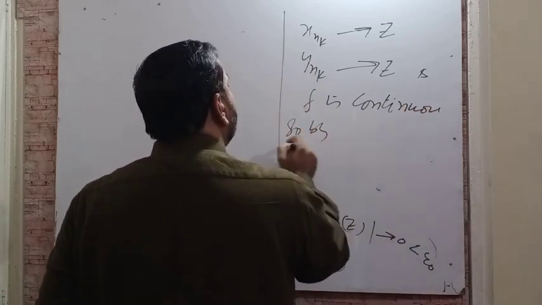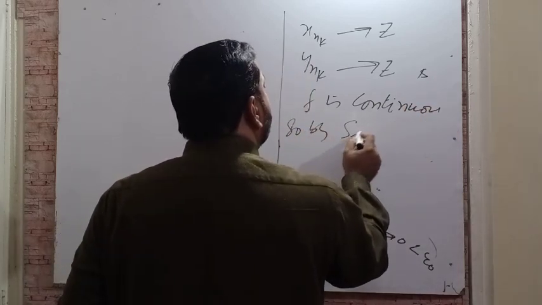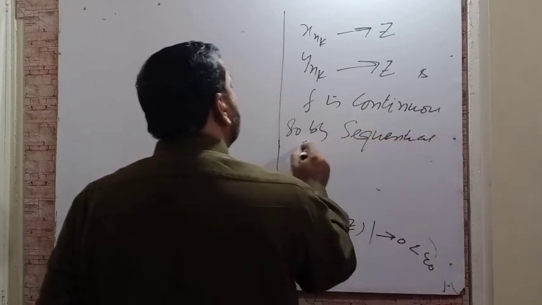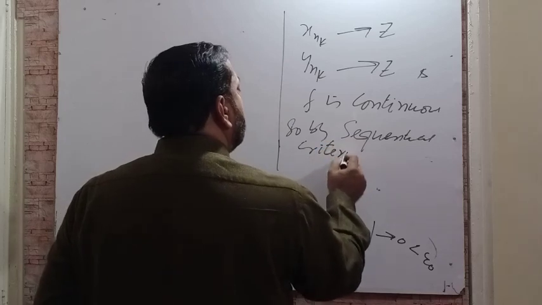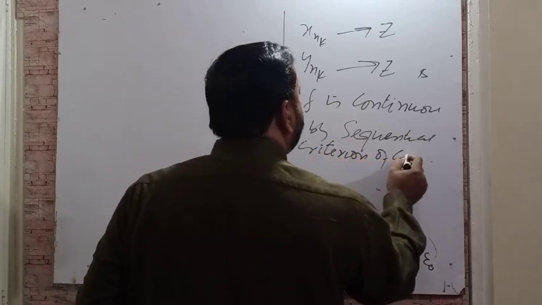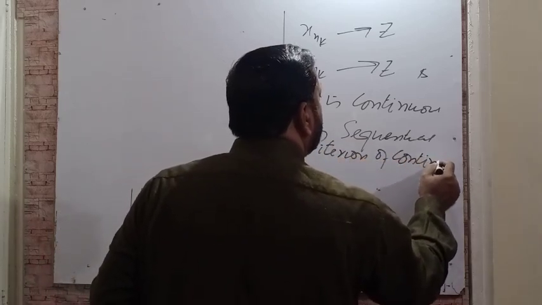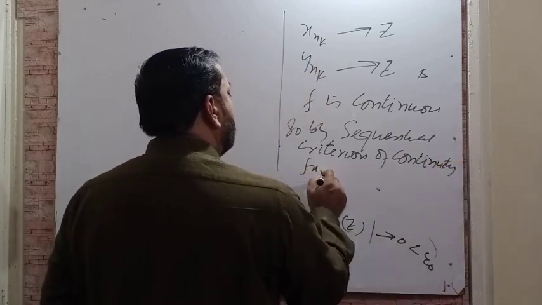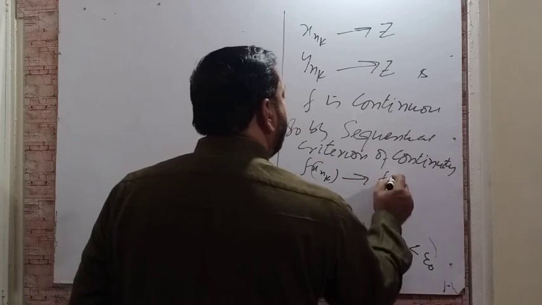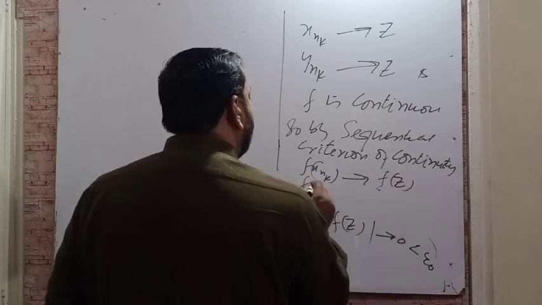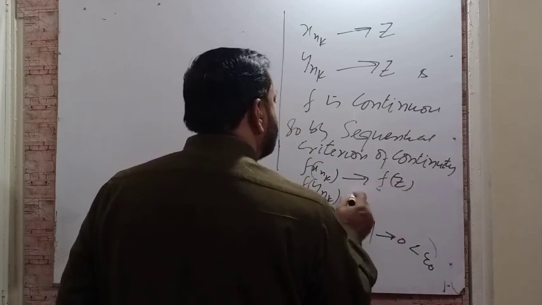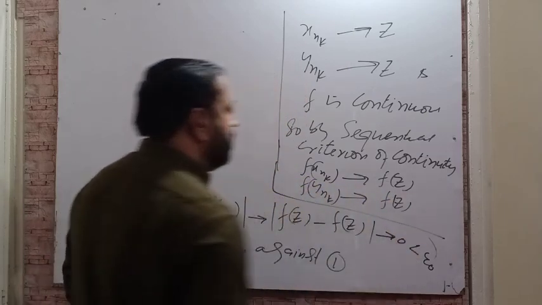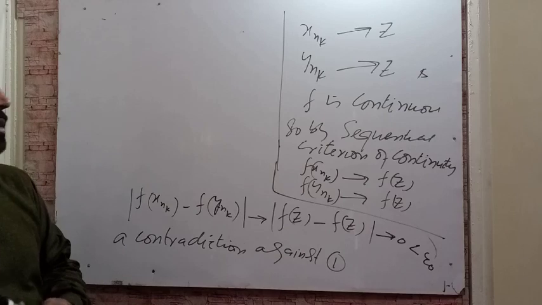So by the sequential criterion of continuity, f(x_nk) tends to f(z), and f(y_nk) tends to f(z). Okay, this is the major thing that we are using.